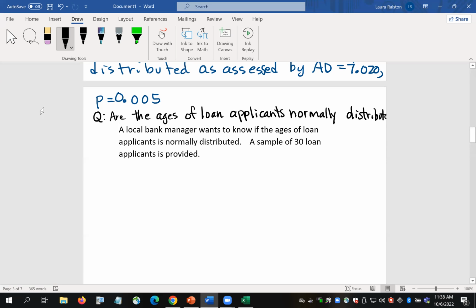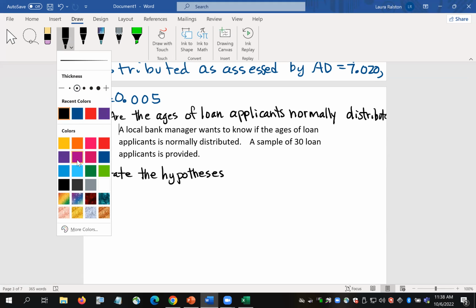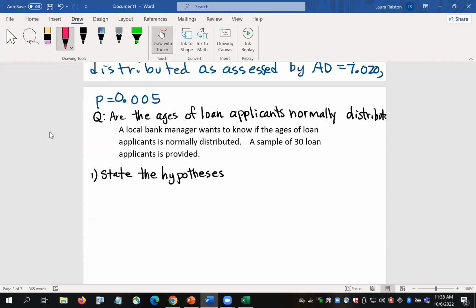And so again, our first step in the hypothesis test is to state the hypotheses. And I will point out for the normality test, we are stating those hypotheses in a sentence form. Sometimes we can use mathematical symbols rather than having to write out a sentence.